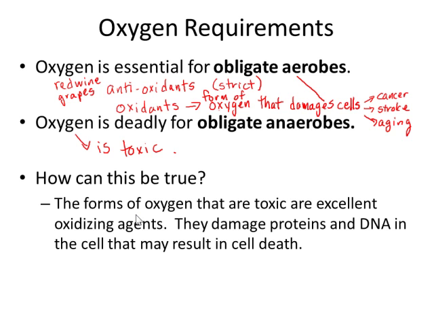And of course, you could take supplements. So the role of those antioxidants is to protect our cells from these toxic oxygen species. Well, it turns out some bacteria that are obligate anaerobes don't have that protection. And so what ultimately happens in obligate anaerobes is as oxygen becomes available, those obligate anaerobes die.